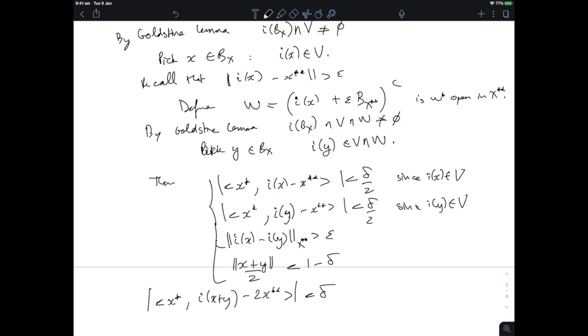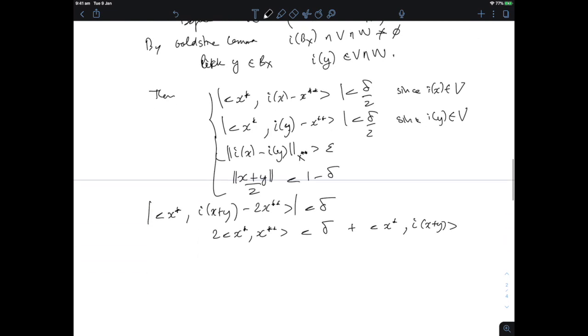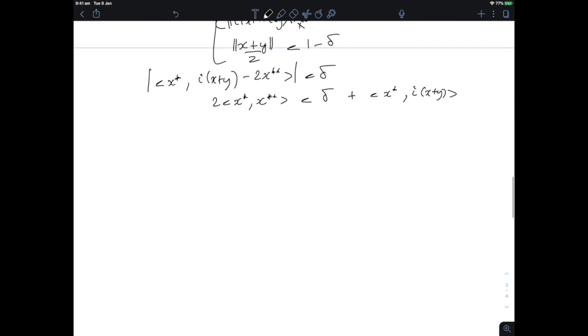Okay, but that then tells me that 2 x star x double star is always smaller than delta plus x star I(x plus y). But now remember that this x star x double star was chosen such that it was greater than 1 minus delta over 2.